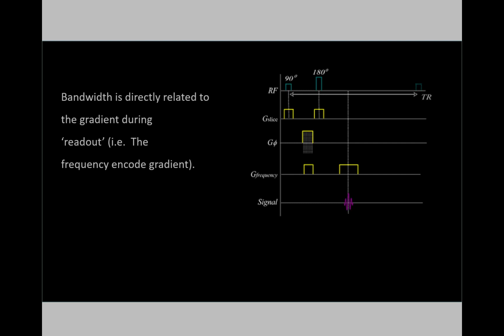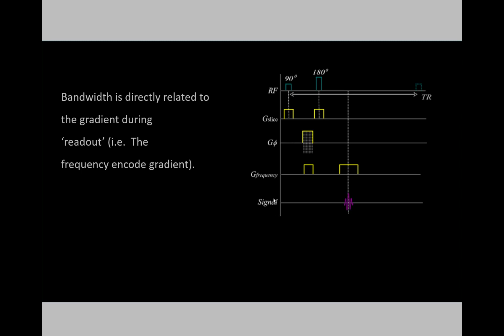Okay, so what is this bandwidth thing? What's causing it? Well, it's actually one of the gradients that is responsible for the bandwidth. Here I've got a spin echo timing diagram, so the usual thing: radio frequency transmitter, and three gradient directions: slice direction, phase encoding direction, and frequency encoding direction.